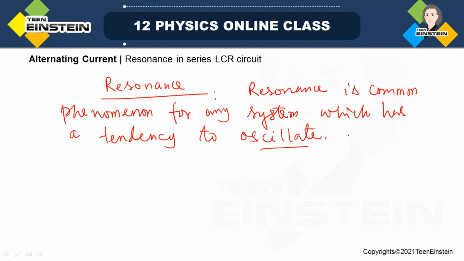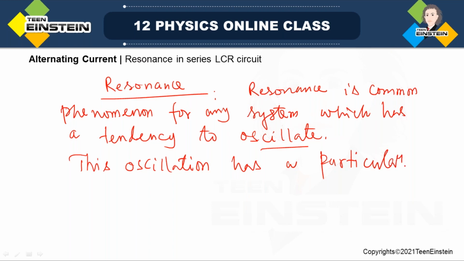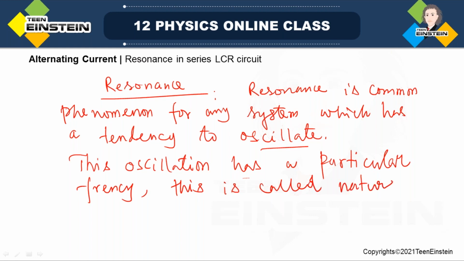When there is some tendency to oscillate, this oscillation has a particular frequency. This frequency is called the natural frequency of oscillation of the object or the system.